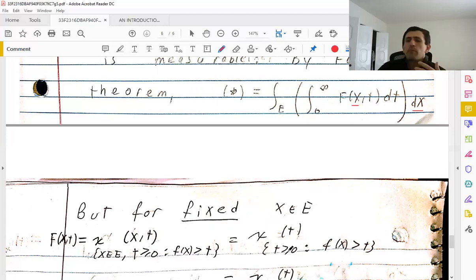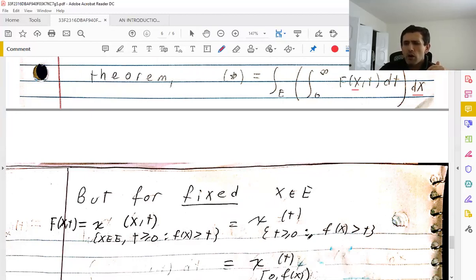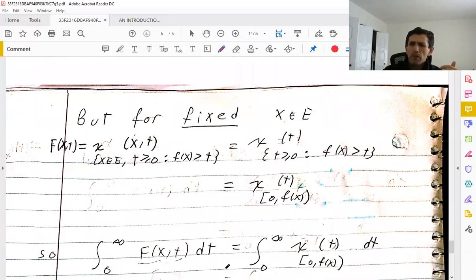Well, it's a fancier way of writing the characteristic function of 0 to f of x with respect to t, that's all this is saying. t is bigger or equal to 0 and less than f of x. That description of t is nothing more than t is in the interval 0 to f of x. So the integral from 0 to infinity of F of x, t, because F of x, t is this characteristic function, we know what the integral of this characteristic function is with respect to t.